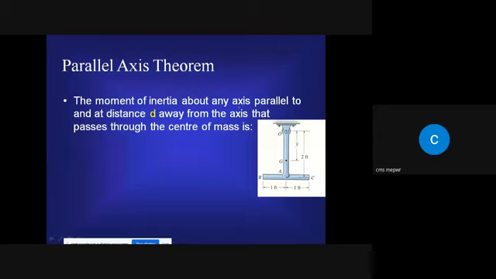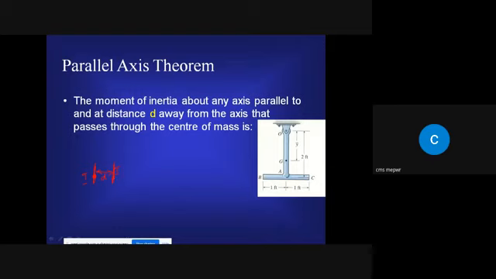If you already have the moment of inertia at this point, and you want to find it about some other axis parallel to this one, and you know this perpendicular distance d, then by using the parallel axis theorem you can find the moment of inertia at this point.